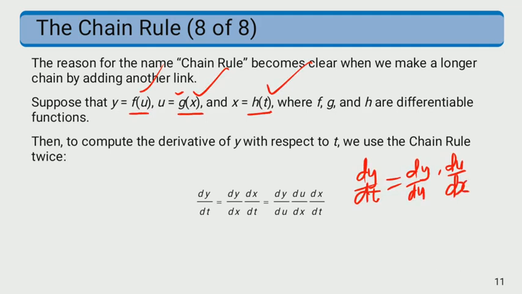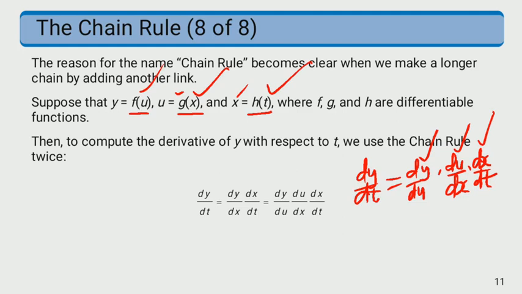And then when you get inside into x, you find that x is a function of time. So now you have dx with respect to dt. And finally, you have made a long chain: dy/du, du/dx, and then dx/dt.